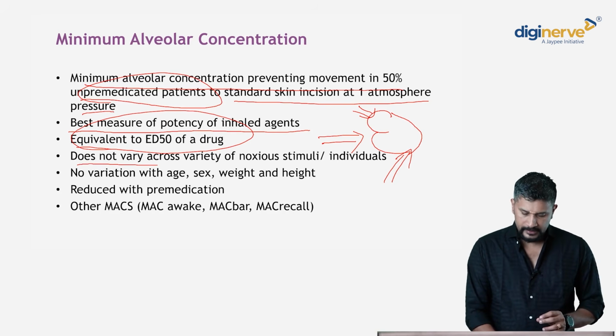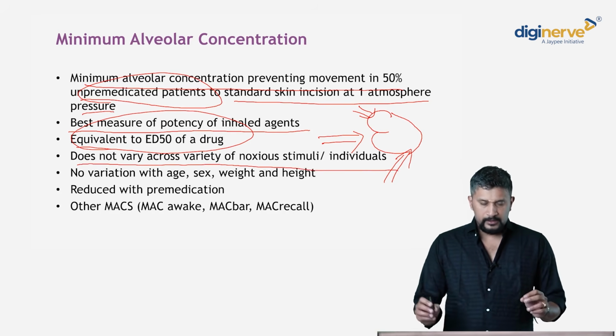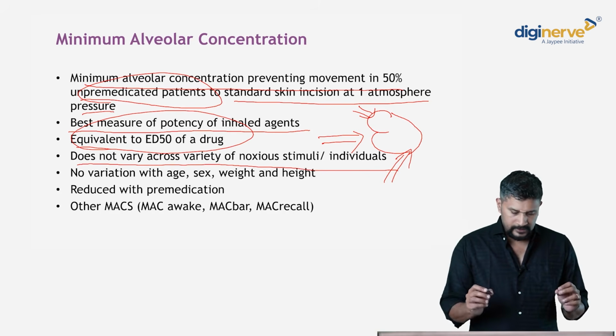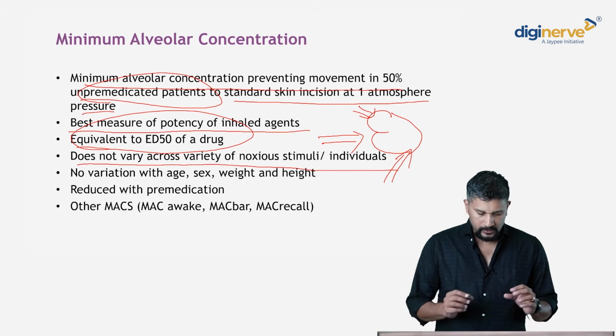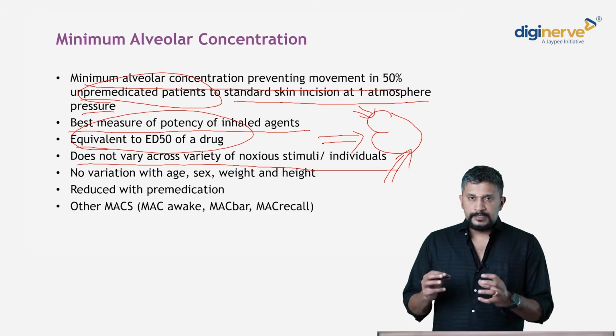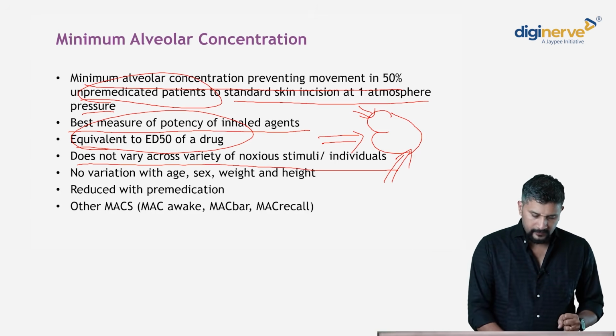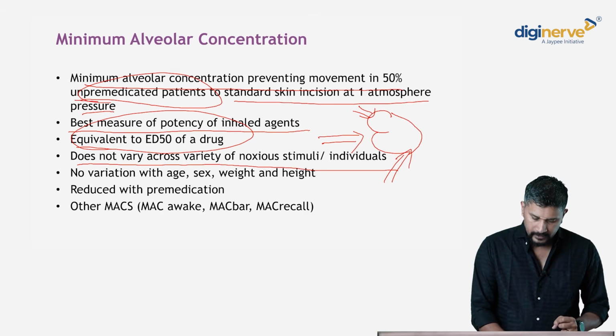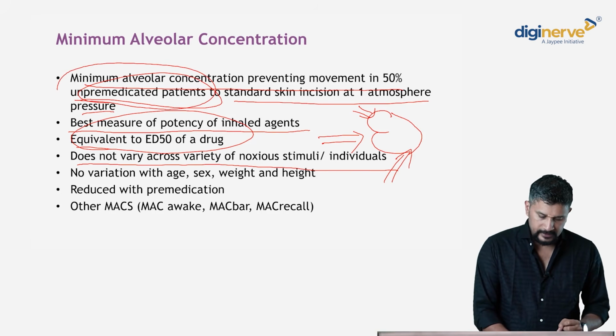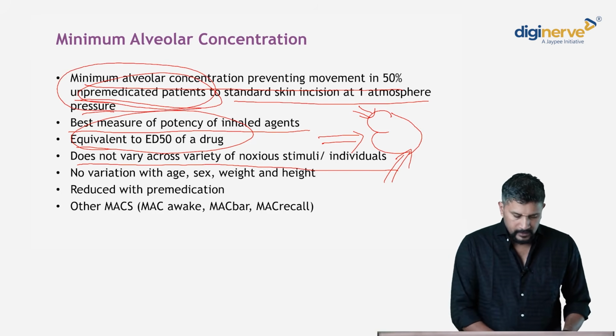This minimum alveolar concentration does not vary across a wide variety of noxious stimuli, and it does not vary according to the age, sex, height and weight of the patient. Now, why are we so bent upon the unpremedicated status of the patient?